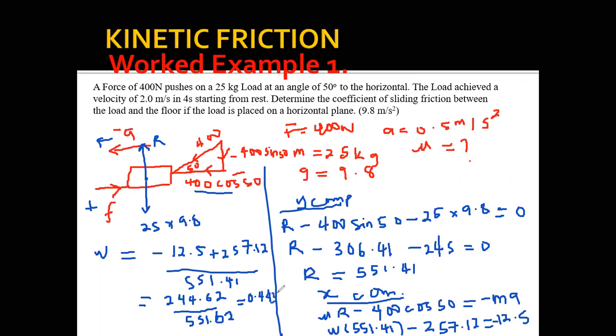Okay, good. Thank you. So that is the coefficient of friction, 0.44, sir. That is the final answer.